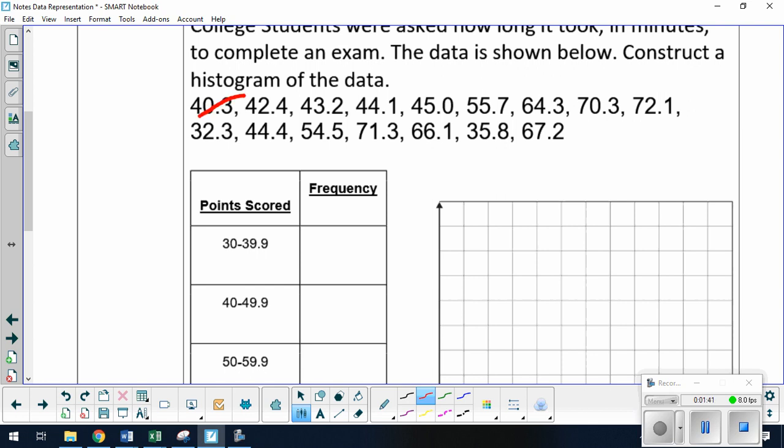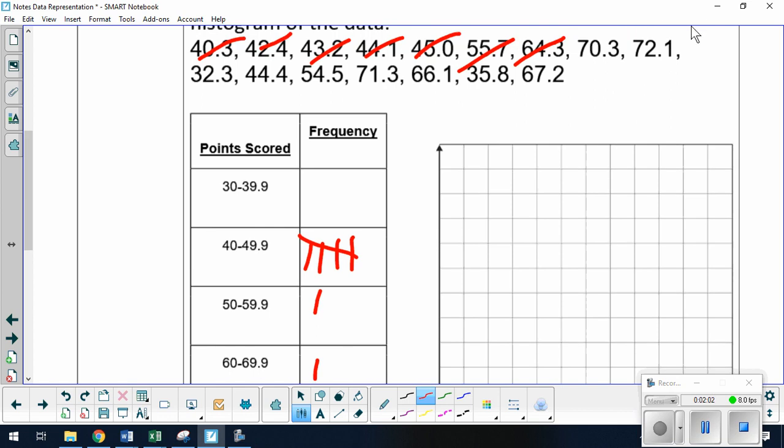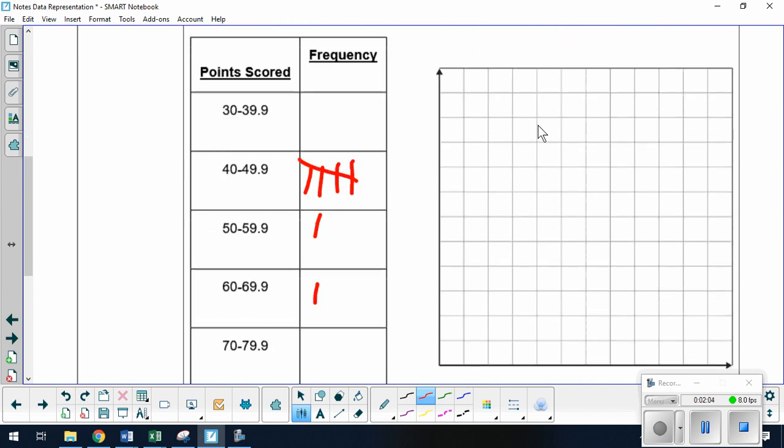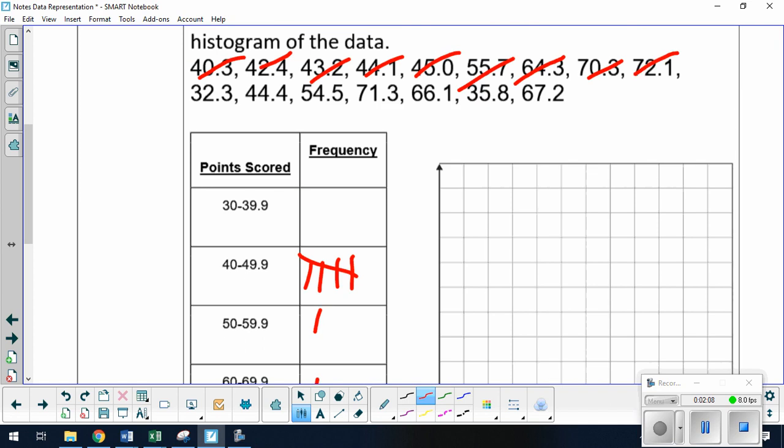So 40.3 falls here, 42.4 falls here, 43.2, 44.2, 45, 55.7, 64.3, 70.3, 72.1.